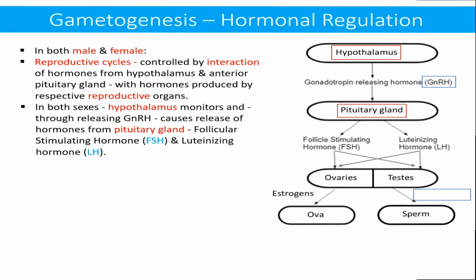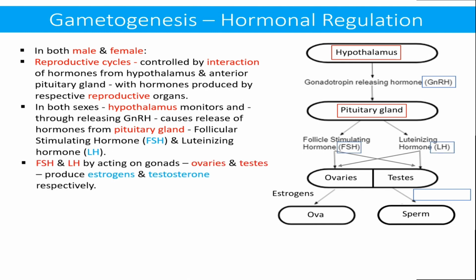In both sexes, the hypothalamus monitors and, through releasing gonadotropin releasing hormone, causes release of hormones from the pituitary, follicle stimulating hormone and luteinizing hormone.